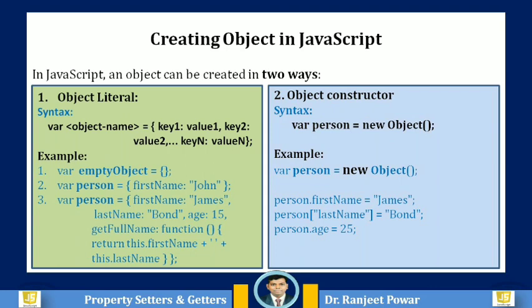In this example, the person object is created with a new object constructor and the properties called first name, last name and age are also assigned to the person object with the syntax person dot first name is equal to the actual name, that is James. So in that way we can create objects in two different ways. One is using object literal and the second one using object constructor.